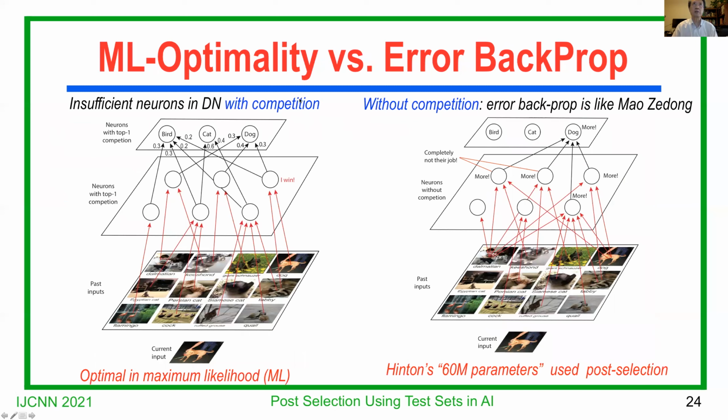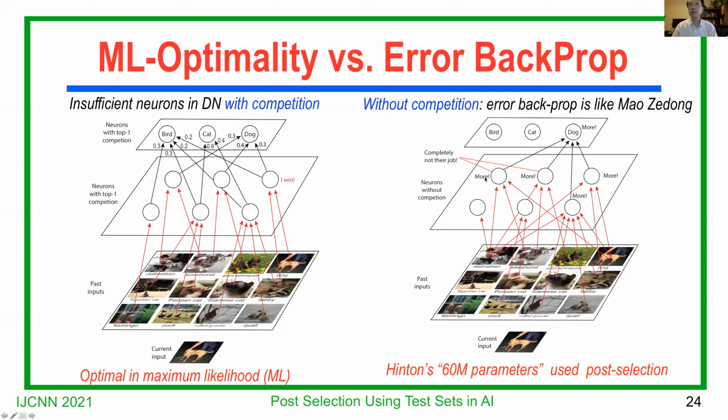Maximum likelihood optimality versus error backpropagation. Over here, you have a competition, where each top-down input from motor as a state and bottom-up input from sensory corresponds to a context. And we have a winner. Once there is a winner, other neurons will not fire, the winner will fire, the link will be established through Hebbian learning, and the numbers here are probabilities.